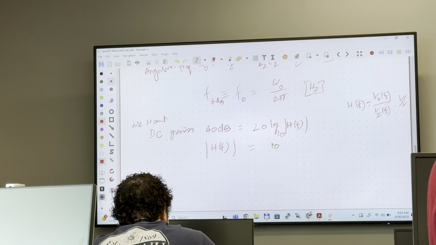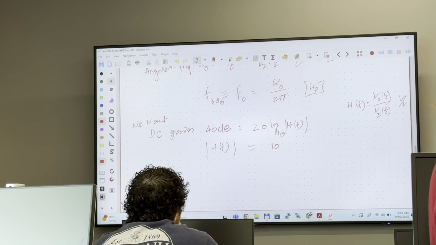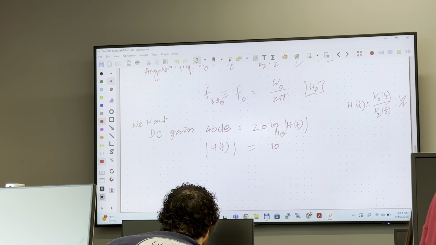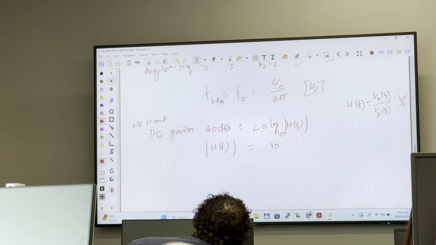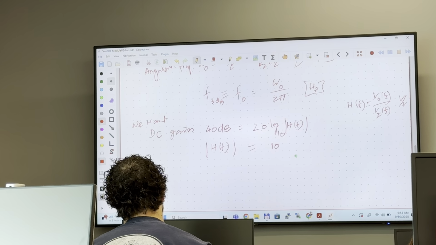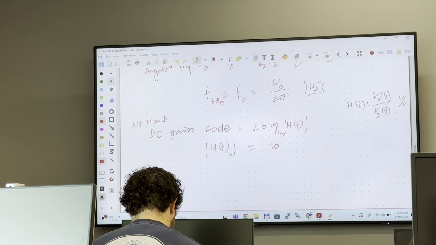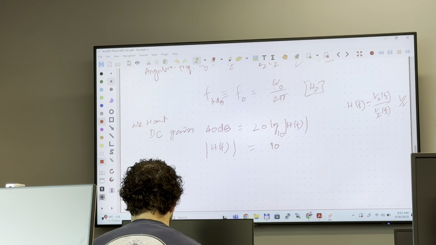Can you put it in your calculator? What is the voltage gain here? DC gain is 40 dB. When I say DC gain, what is the frequency? It is 0. At 0 frequency, I want a 40 dB gain.